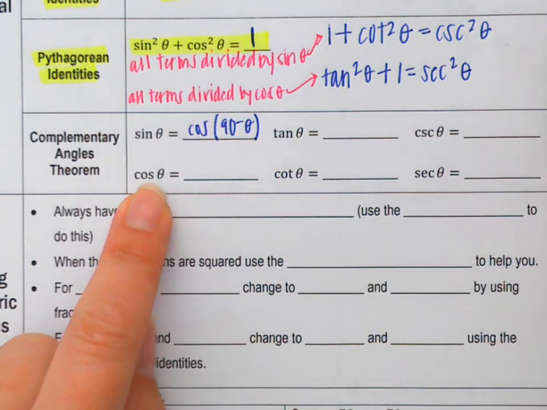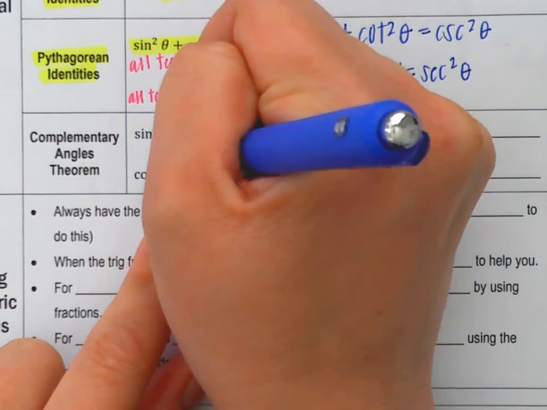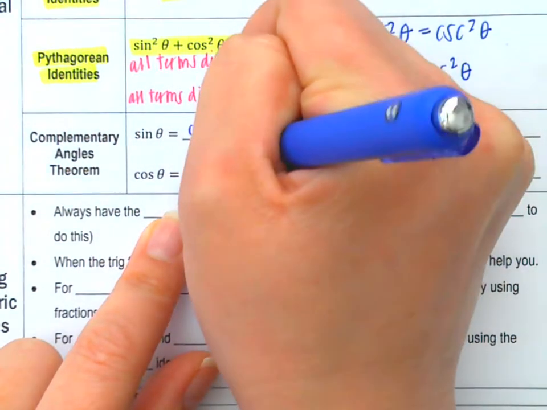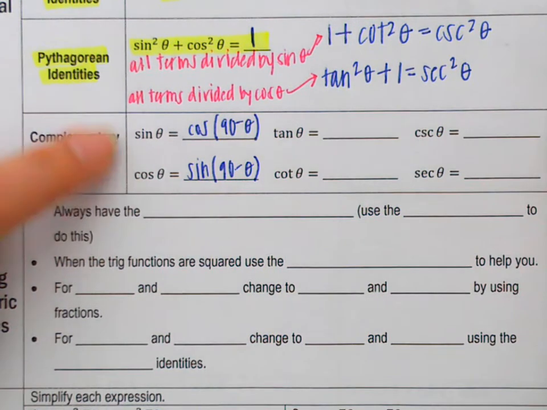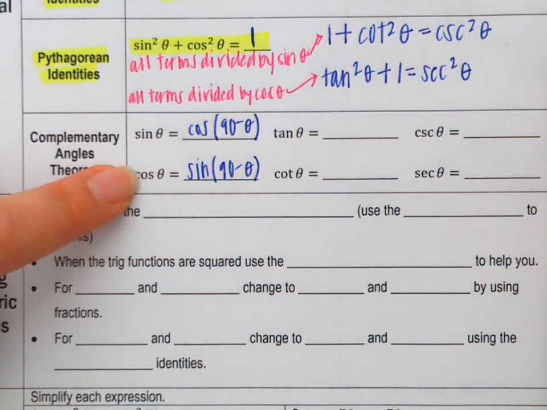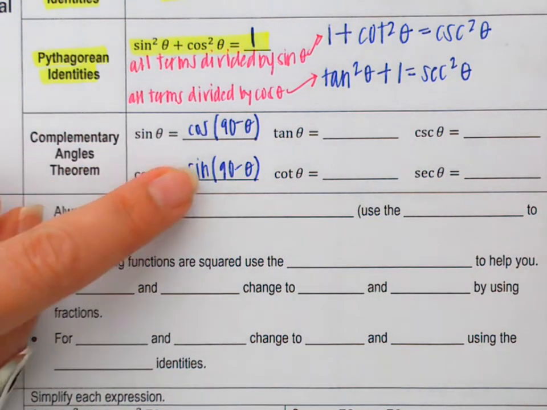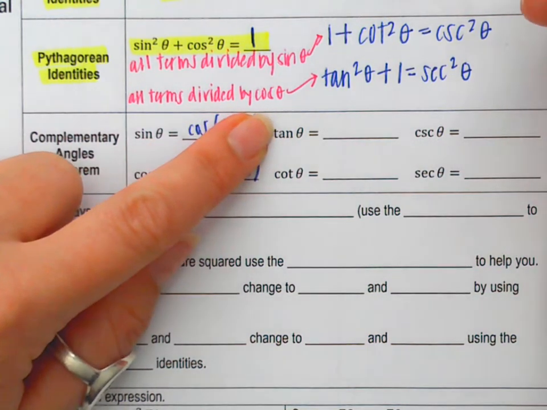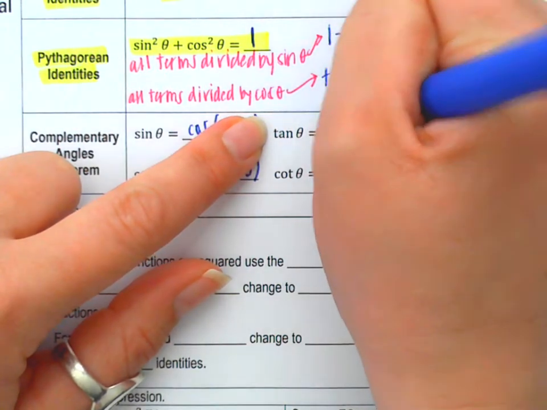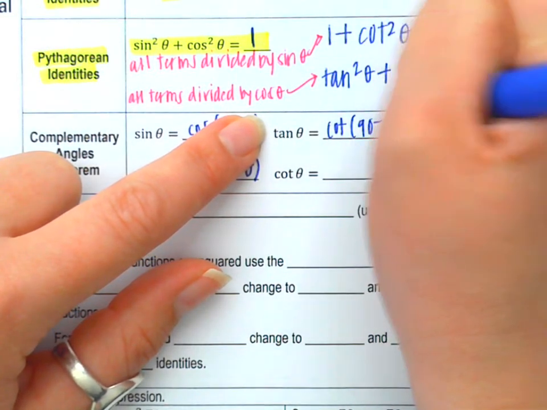The cosine of theta is going to be equal to the sine of the complement, which makes sense. Those go hand in hand, right? So that's saying the cosine of 40 is going to be equal to the sine of 50. Tangent theta, tangent goes with cotangent. So 90 minus the angle.